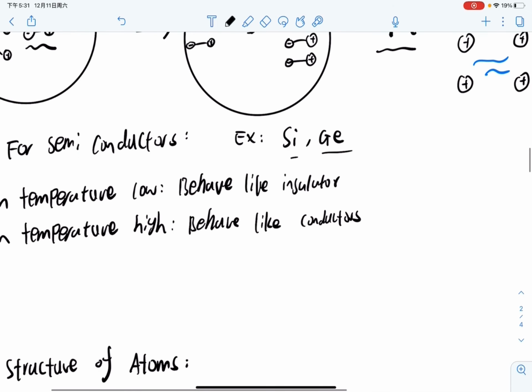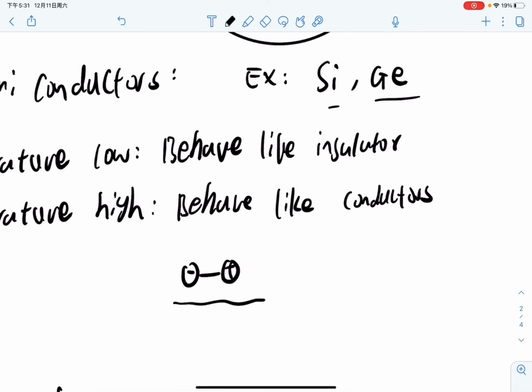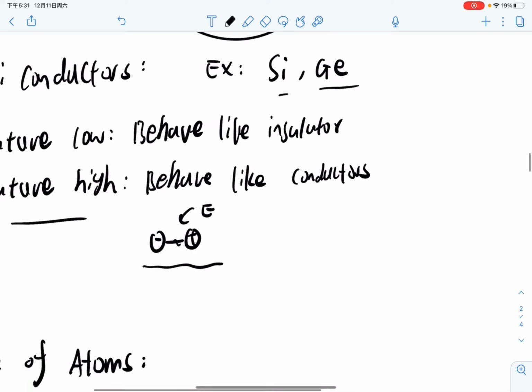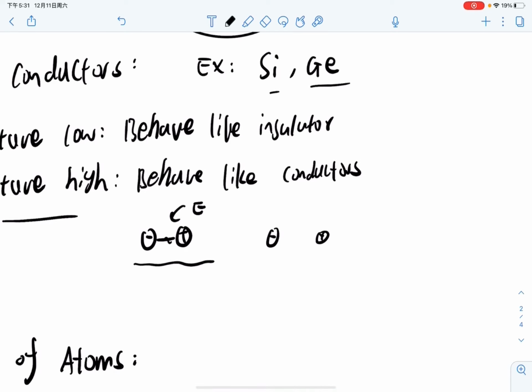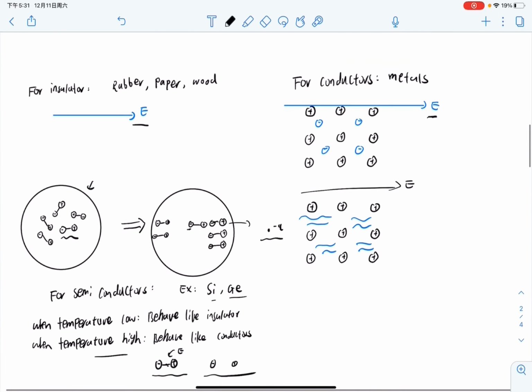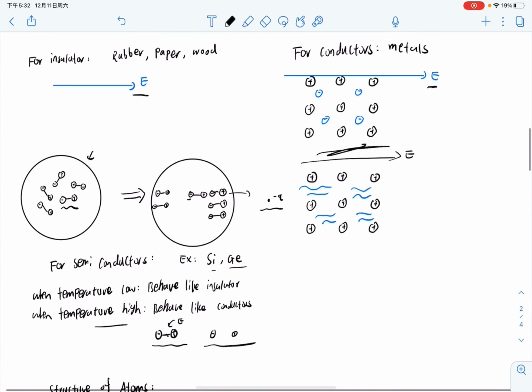At low temperature, the negative and positive will just attract. And when the temperature is high, it adds energy to the bond, so the bond will break. So they're free to move, just like the metals over here.